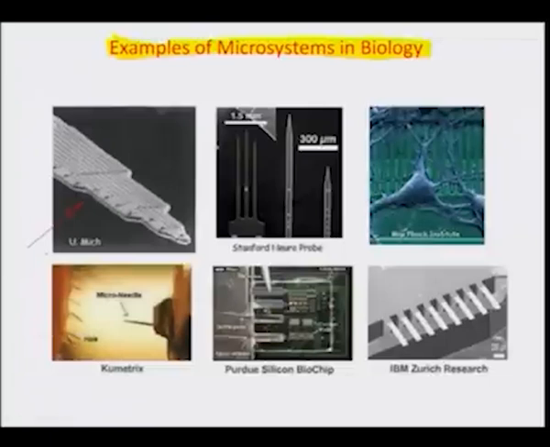So, essentially this was used for monitoring the electrical activity of brain tissue, and these electrodes here, as you can see, are printed and they are in plane, and this needle like structure here may be only a few tens of microns in width and a few hundreds of microns in length.